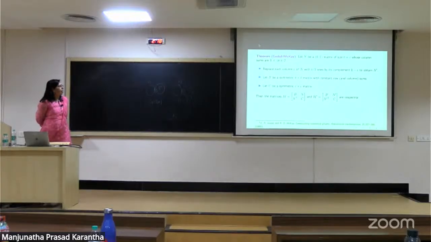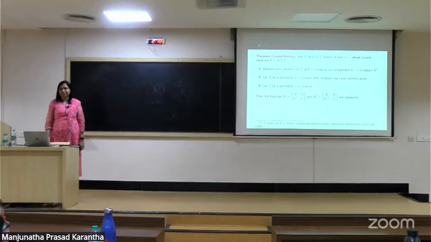Now observe that N is a matrix with 0, 1 entries, and we have chosen the columns in such a way that either you have all zeros in the column, or all ones in the column, or half of them are ones.